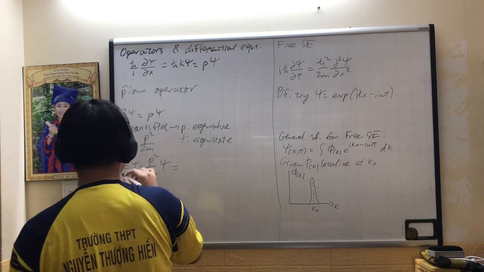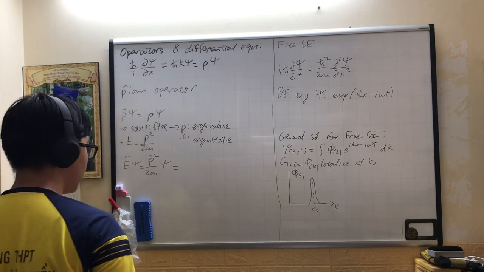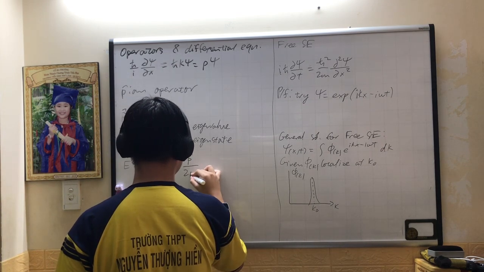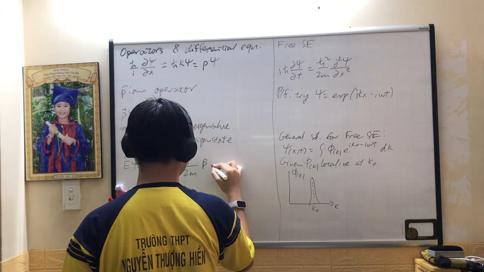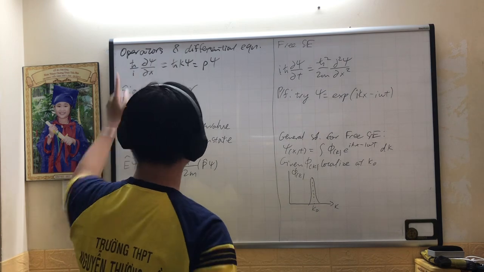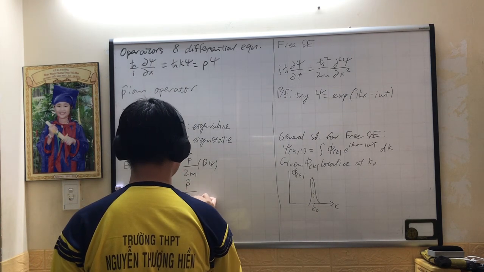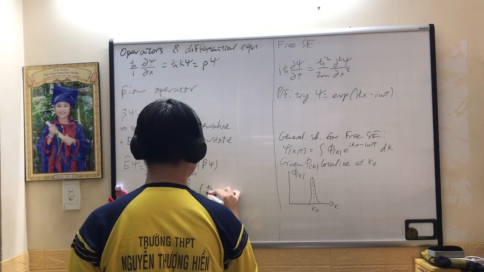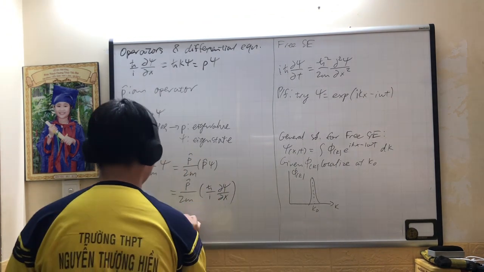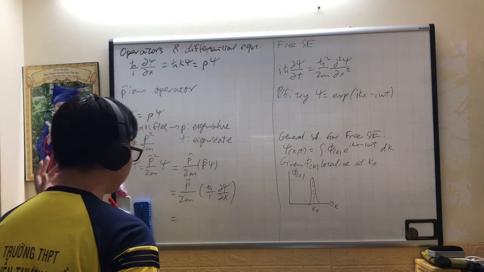Well, more correctly, it would be E hat equal to p hat squared over 2m. And when we expand this, it would be p over 2m p on psi. This we know is this. So continue expanding. It would be p over 2m, h bar over i, d psi dx. And we can pull that out and do it again.